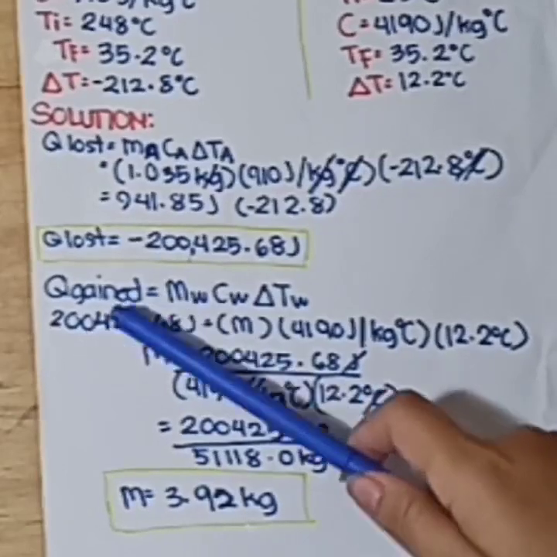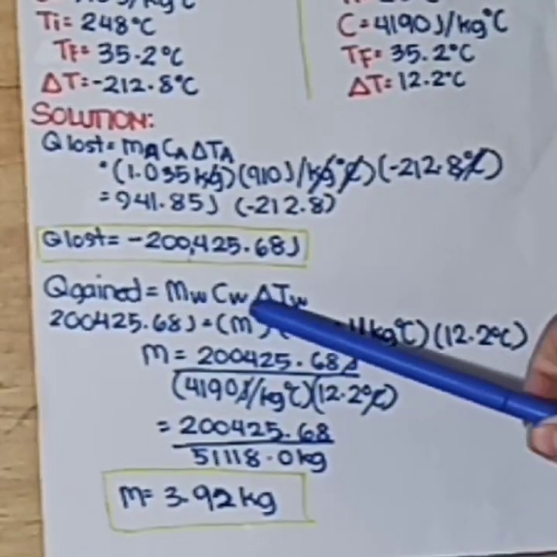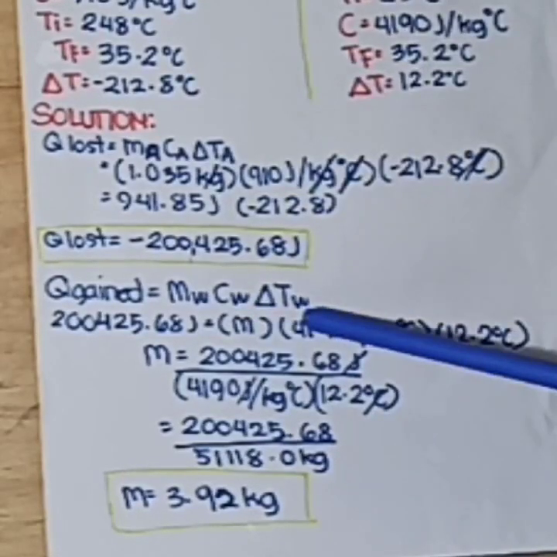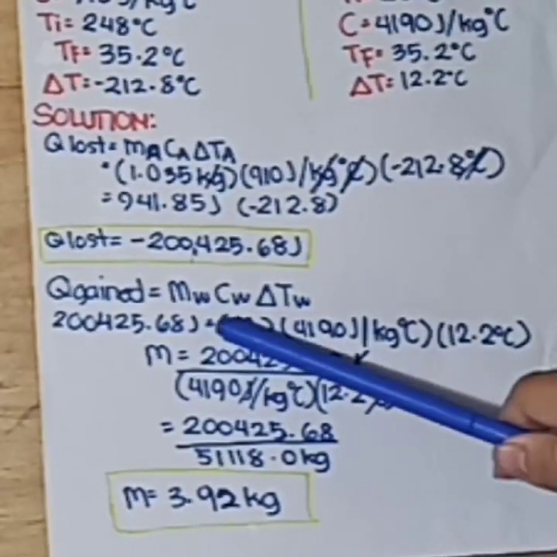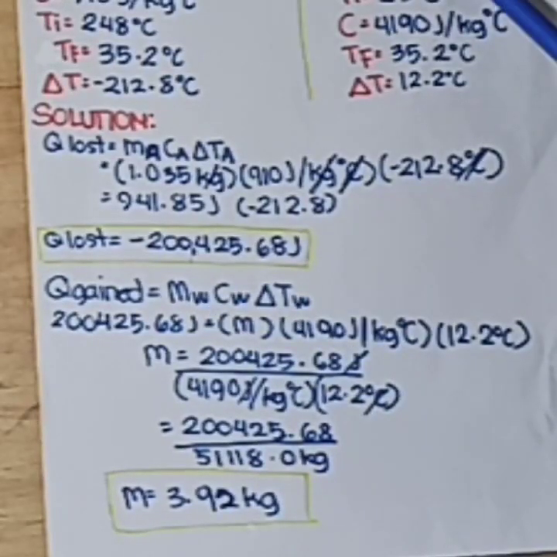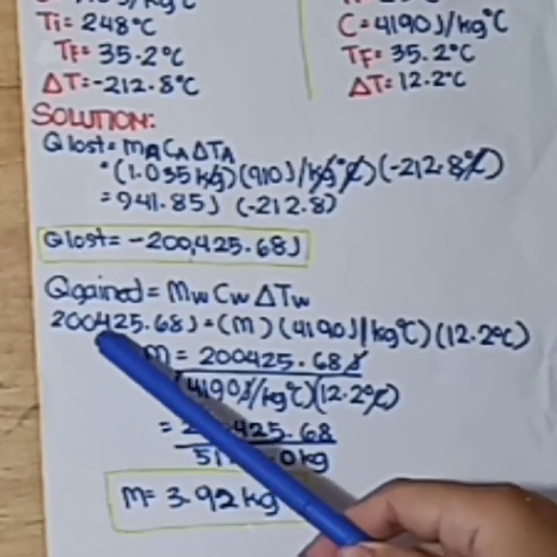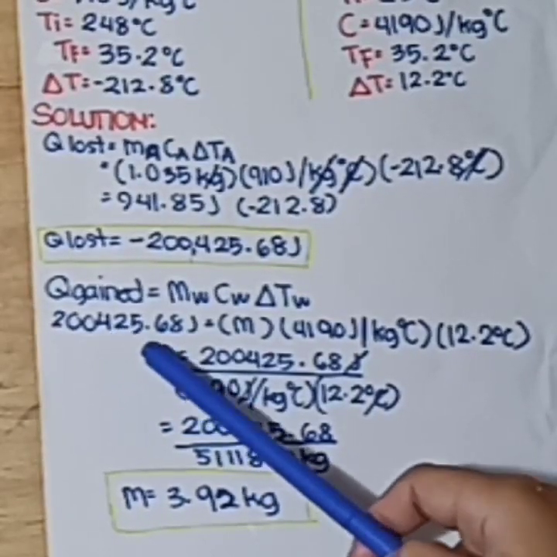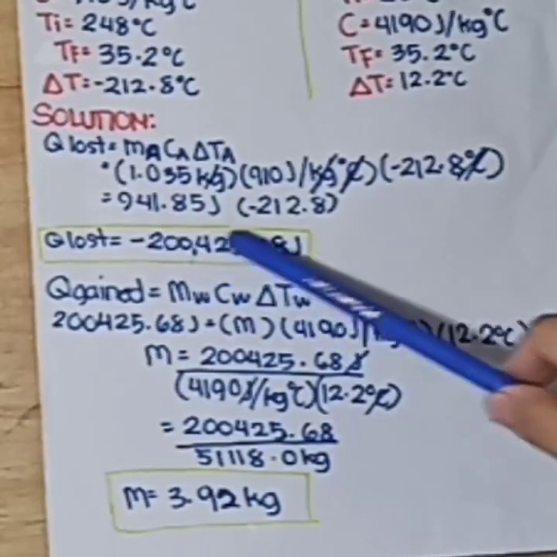So next, we're going to solve the Q gain. So we have the formula. So Q gain is equal to mass times specific heat times change in temperature. And we put W to denote water. So we're going to write here the 200,425.68 joules, which we have here.